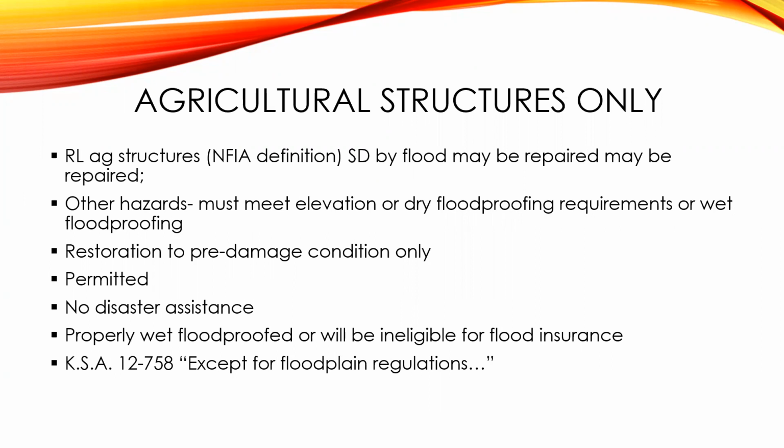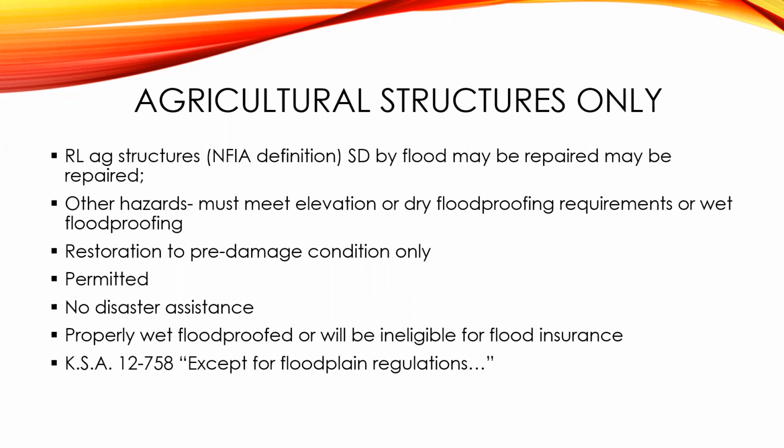So agricultural structures only. In P-2140, it does talk about repetitive loss and substantial damage concerns as far as agricultural structures, other hazards, restoration, permitting, having no disaster assistance. It has to be properly wet floodproofed if it's going to have flood insurance.